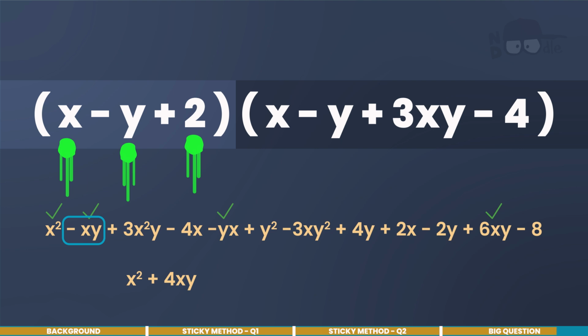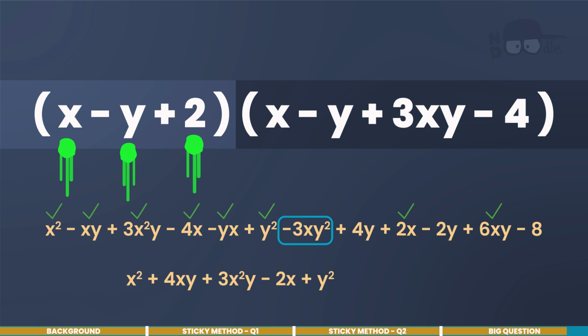I can see the next one is the only x squared y term, so I'll write that down and tick it off. And I'm now on to 4x. The only other x term I can see is plus 2x, and minus 4x plus 2x is minus 2x. Next term is y squared, there are no others, so I'll write it and tick it.